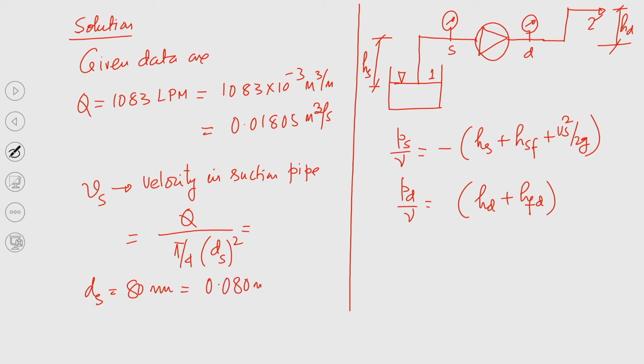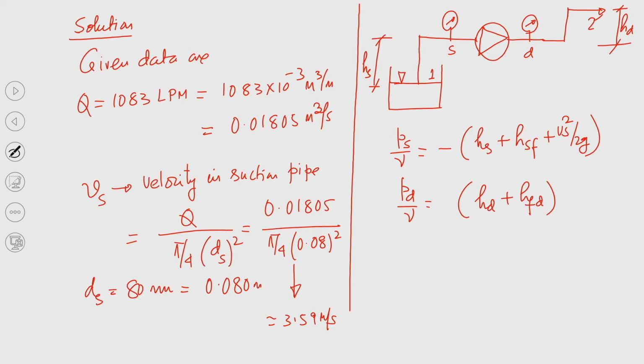If we plug in the value, it is 0.01805 divided by pi by 4 into 0.08 square, and this value will come to 3.59 meter per second. So, you can easily calculate the velocity in the pump suction line.